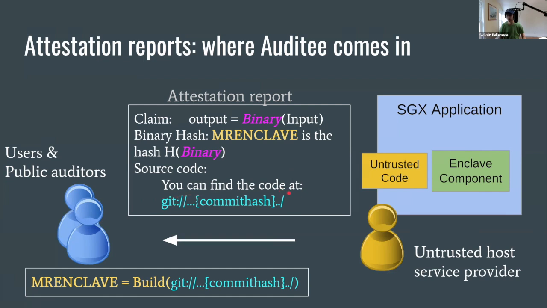Basically, using the source code, you build the enclave, and from the binary you can extract this MR enclave. We think that is the most important, especially for a public auditor: at some point you need to be able to redo these steps. And there are a bunch of other reasons why it can be important to redo these steps.